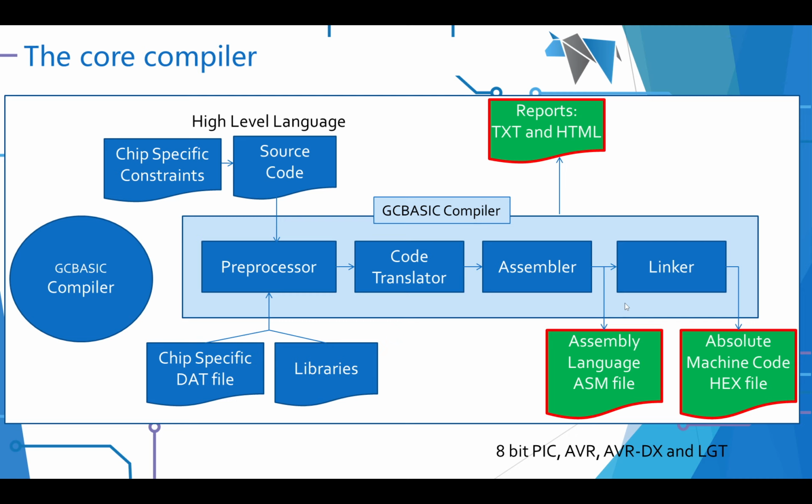Anyway, seeing this diagram, if you've been watching the videos quite a lot, I'll just show you the basics. If you take a source program and we compile that source program based upon a set of constraints from the chip itself, and we take it into a preprocessor, but alongside that we bring in some libraries and a DAT file which describes the chip, and we take it through a code translator.